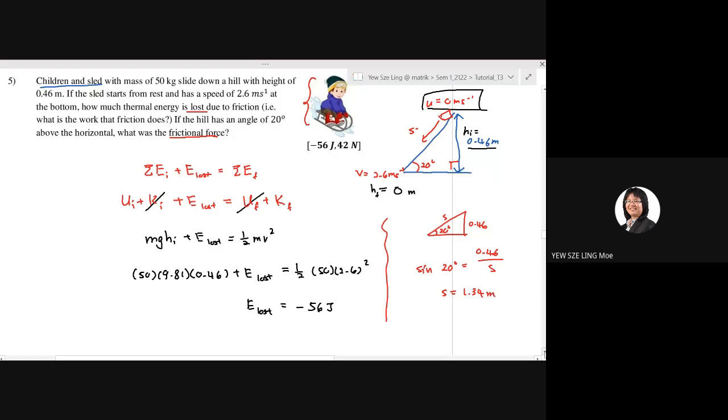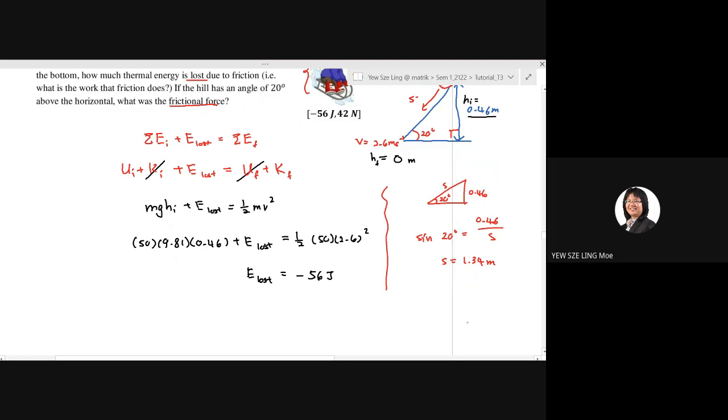Now that you have the displacement, you can proceed to calculate the frictional force. E loss is actually your work done to overcome frictional force, which equals W_F. What is W_F?